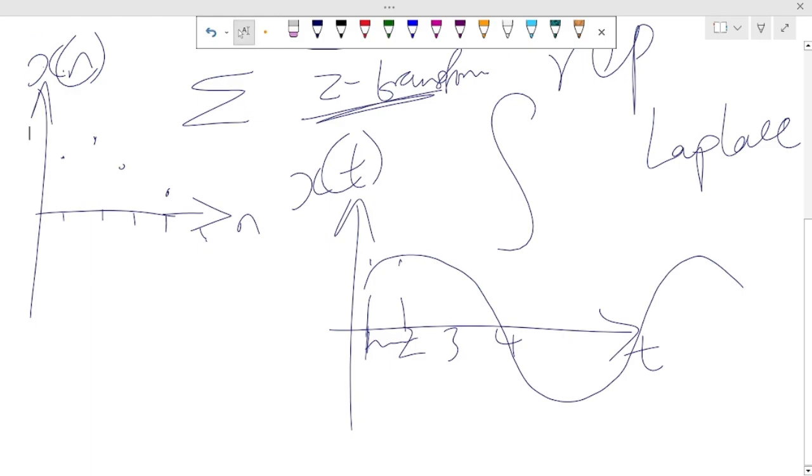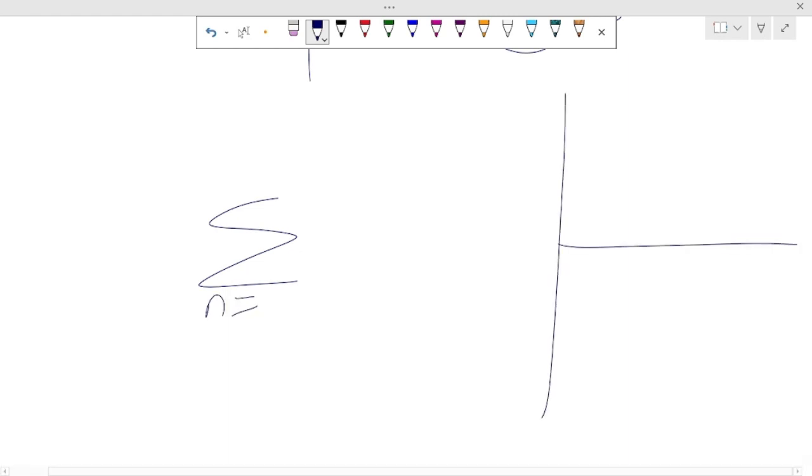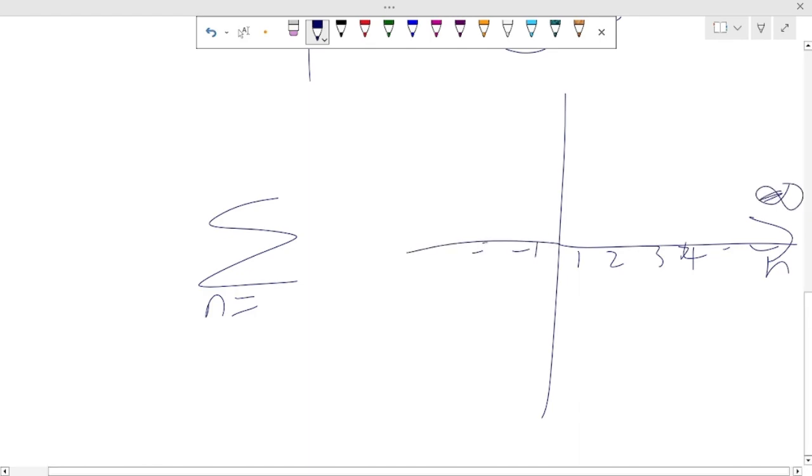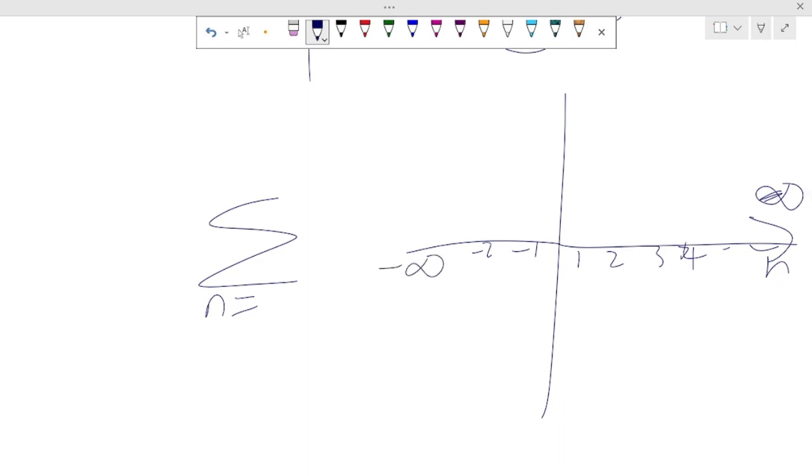Let me rewrite this on that side to be clean and clear. Now we said we are using summation, right? Now we consider what n is. n is 1, n is 2, n is 3, n is 4, to infinity. Then also minus 1, minus 2, to negative infinity.